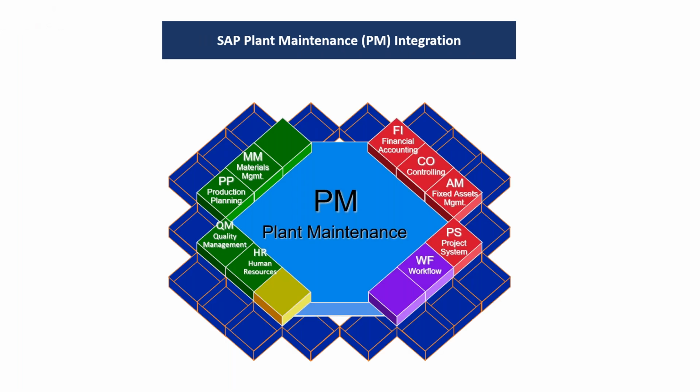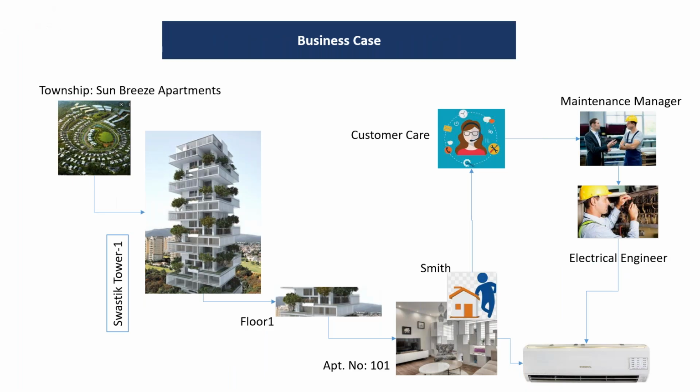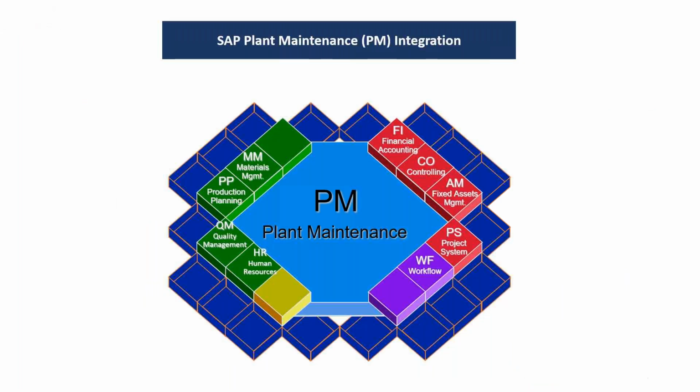Coming to the definition of plant maintenance, let us understand where exactly it exists in my SAP system. Again, EAM, Enterprise Asset Management, includes different solutions and modules within SAP.